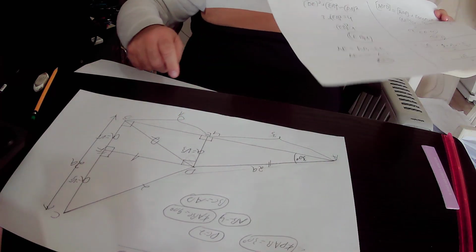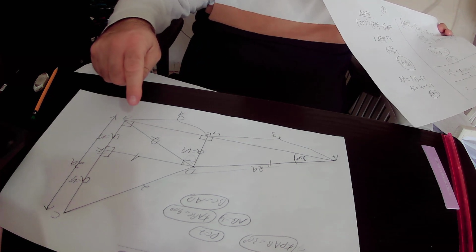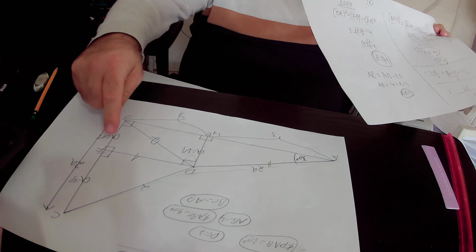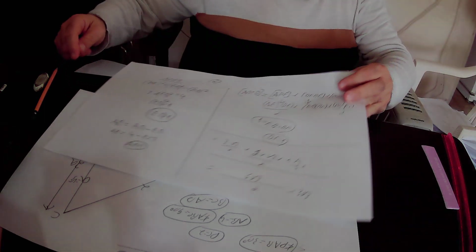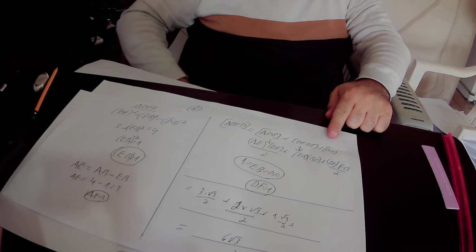And then the area of quadrilateral ABCD equals to the area of triangle ADE plus the area of rectangle EDFB plus the area of triangle CDF. Okay?